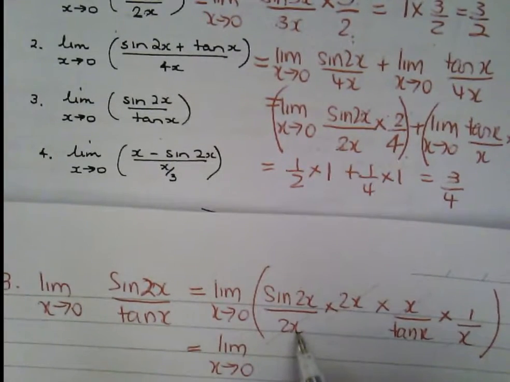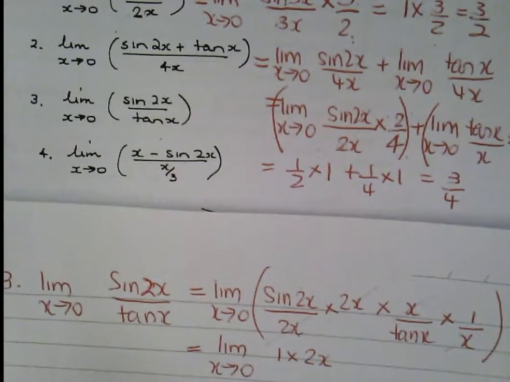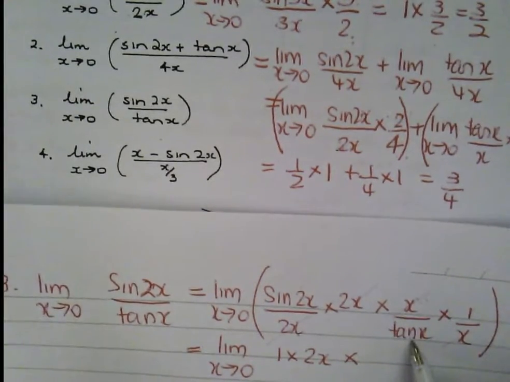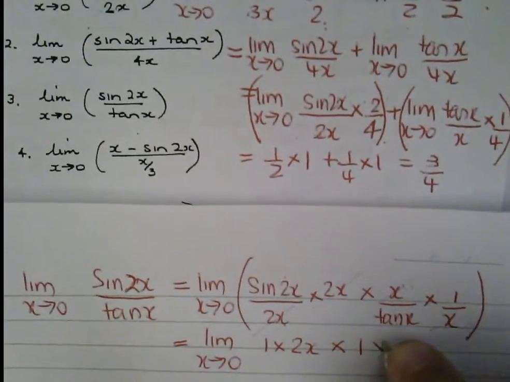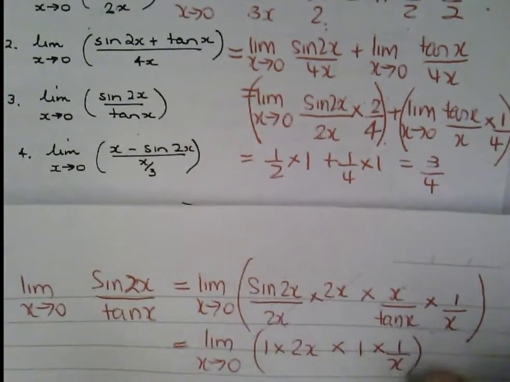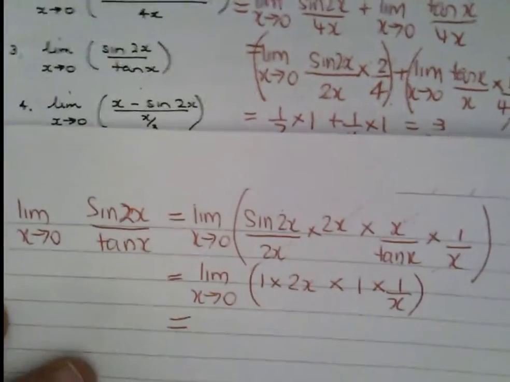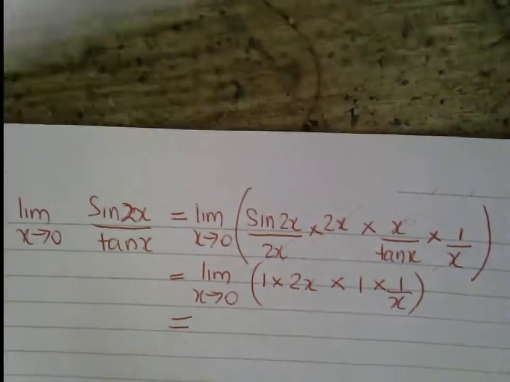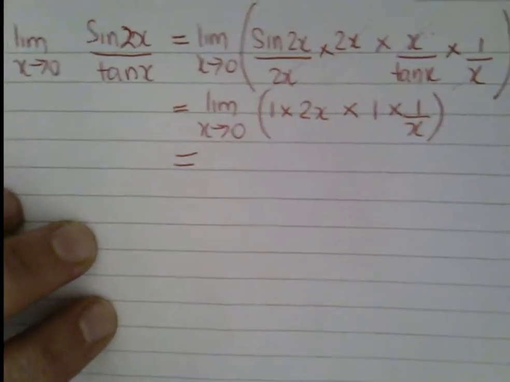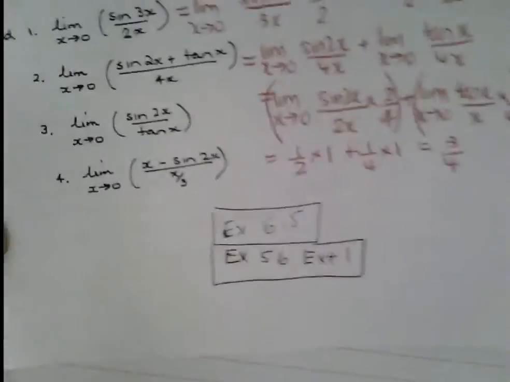Now what's sine of 2x over 2x? I'm just going to put my 2x there for now. 1 times 2x times, what's this limit equal to? X on tan x. Times 1 on x. Now, what does that equal? Times, because why is the other one a plus?